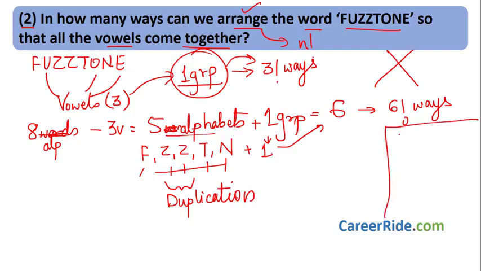If we have n alphabets or n digits or n things, out of that one thing gets repeated say 4 times, then how many ways can we arrange these n things? We already know that n things can be arranged in n factorial ways, correct?